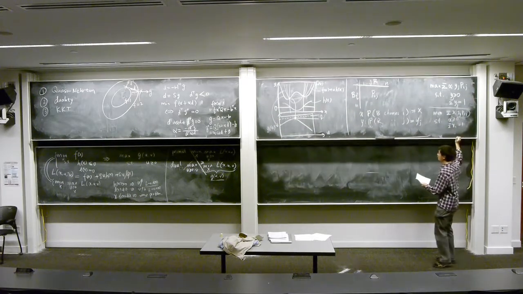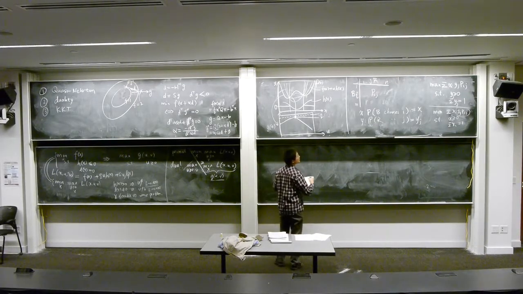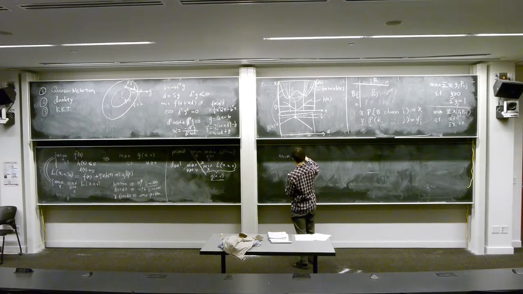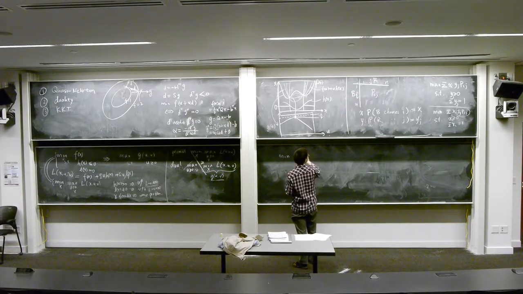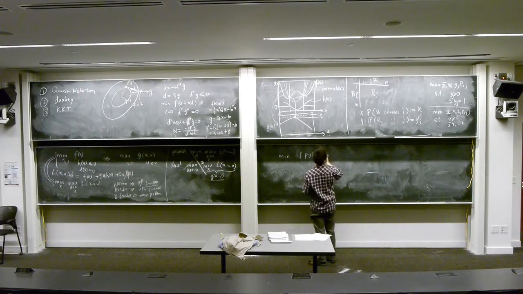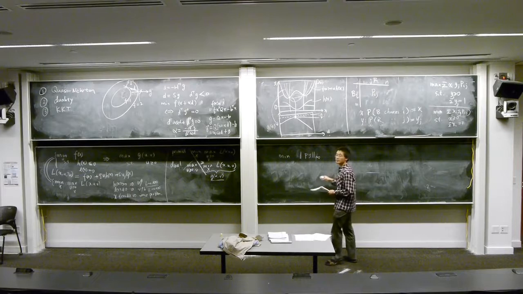So basically, the optimizer for Barnabas will be to minimize P of y. This is the infinity norm, there's no constraint because this is Barnabas' optimal strategy.